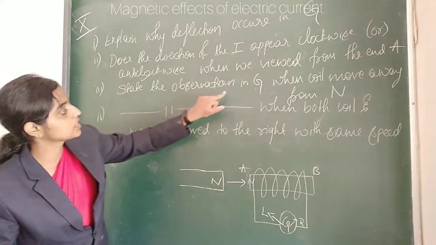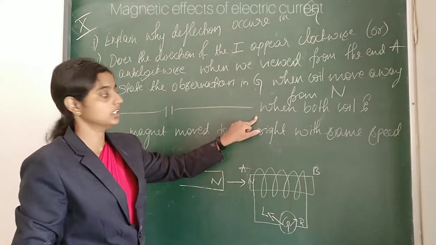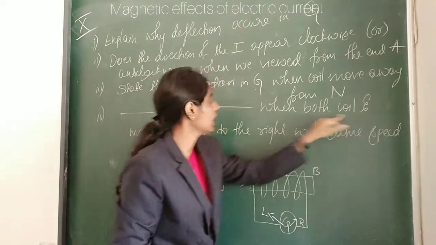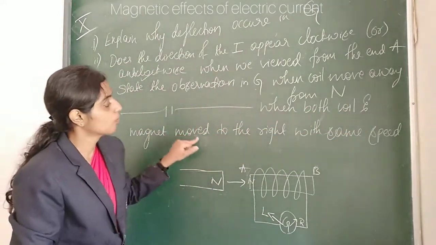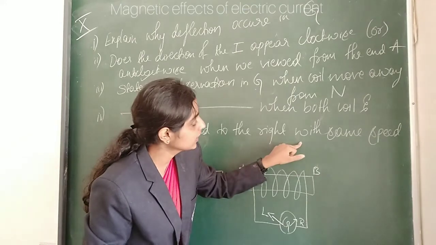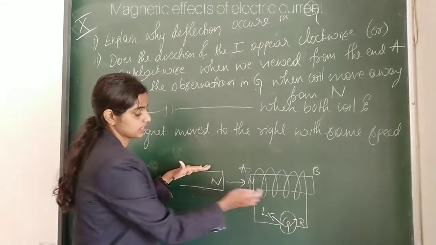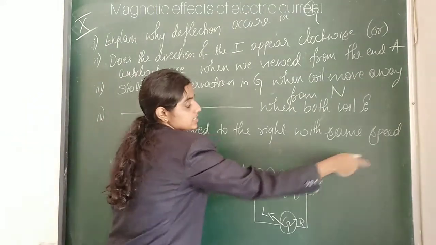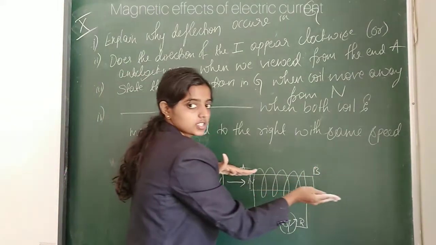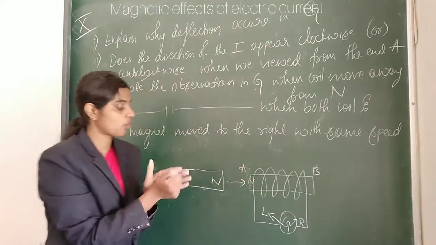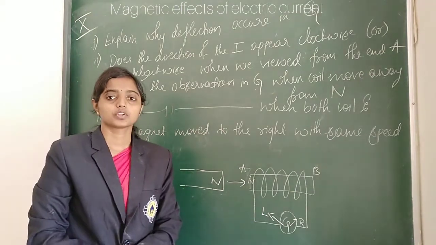State the observation in the galvanometer when both coil and magnet move to the right with the same speed. So this is the magnet and this is a coil. If this is the right side, both move towards the right with the same speed. Now what happens to the galvanometer?